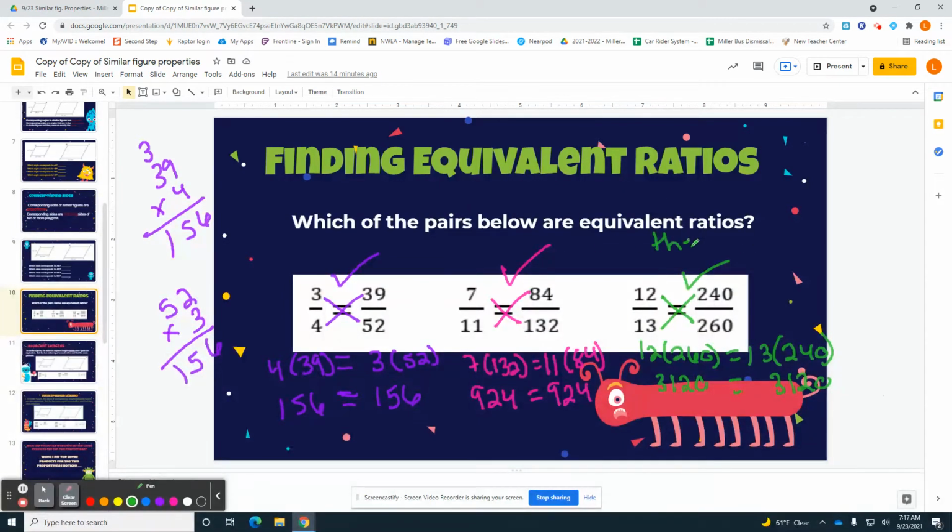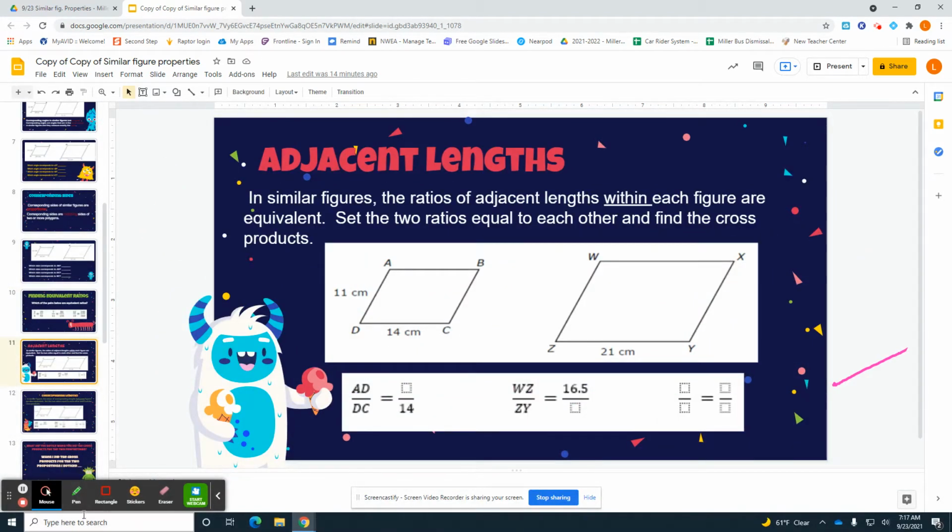They are all equivalent. Sometimes you're going to have some that are not equivalent, right? But for this one, we made sure they were all equivalent. All right, so let's go ahead and move on to our next slide. Oh, it looks like everything erased except this one little pink line here. So we'll erase it.